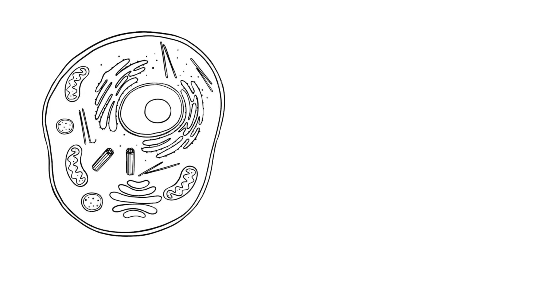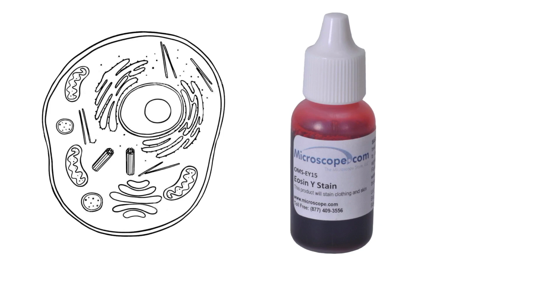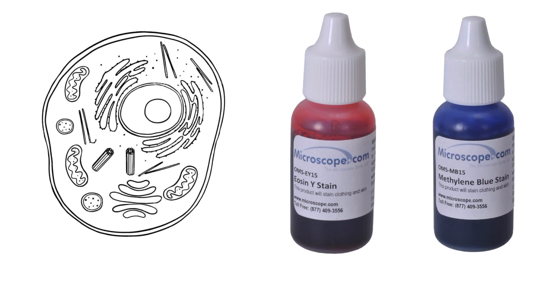Here's what is done. You take this cell and you have special commercially available colors like eosin and methylene blue. As you can see in the diagram, eosin has this purplish pinkish tinge, whereas methylene blue, as the name suggests, is a blue color.